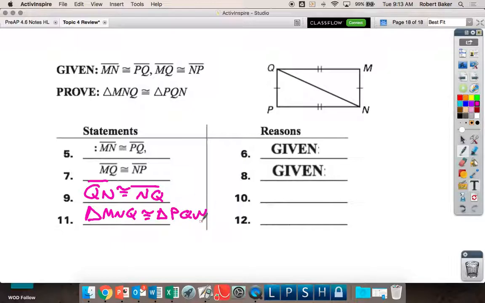It is your job to fill out reason 10 and reason 12. Why is QN congruent to NQ? The reflexive property. Why are those two triangles congruent? The side, side, side shortcut.